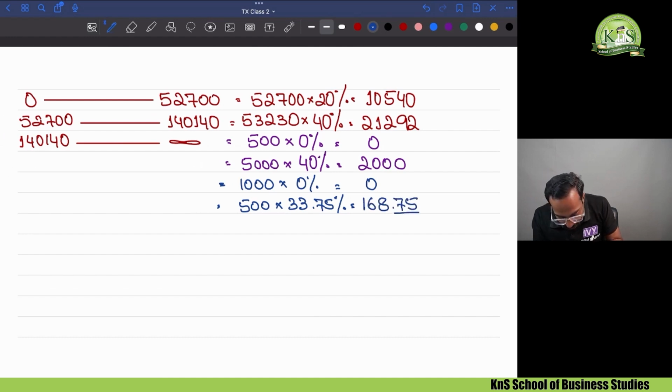I need to add both the columns so that I understand that I have applied tax on all taxable income.